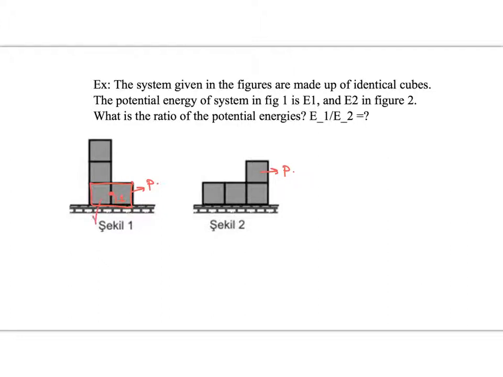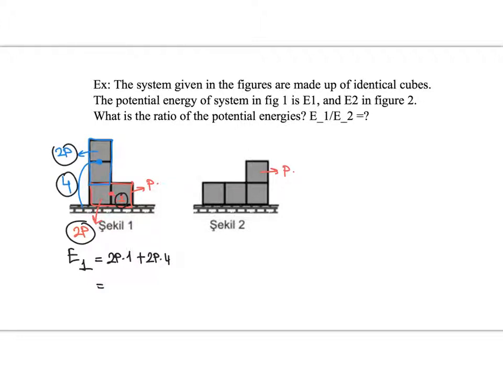So the total weight is 2P, and these two cubes have a center of mass here, so it has a height of 4 with a weight of 2P.